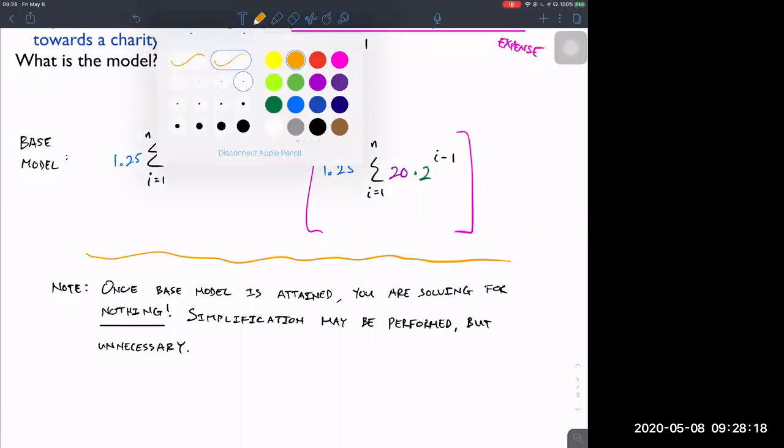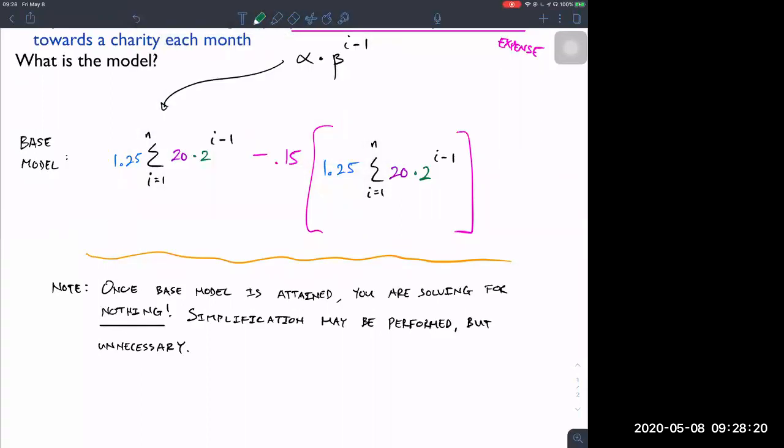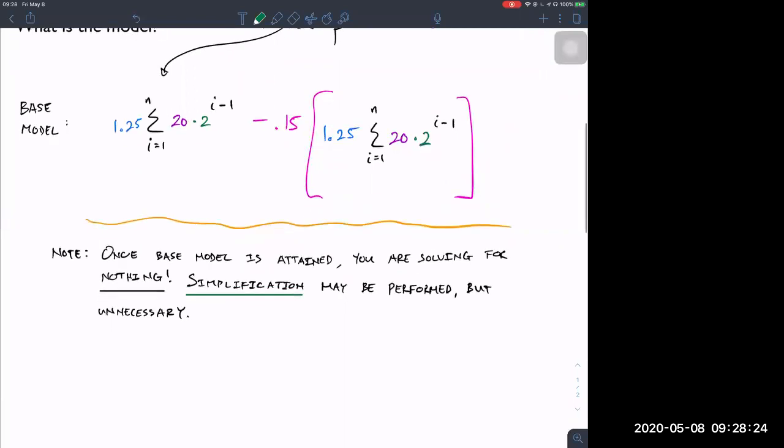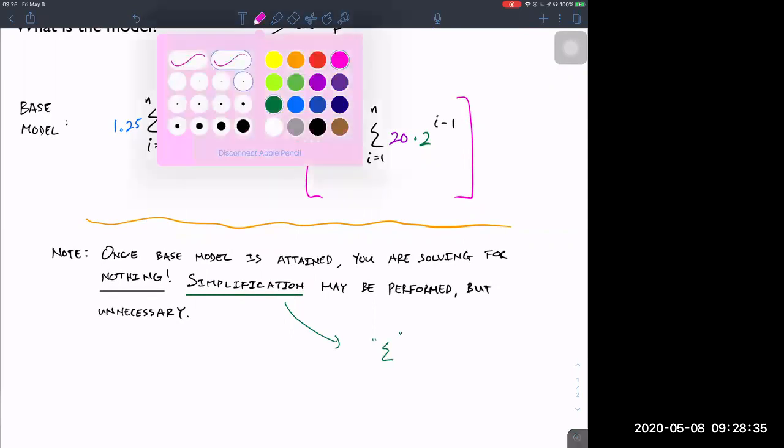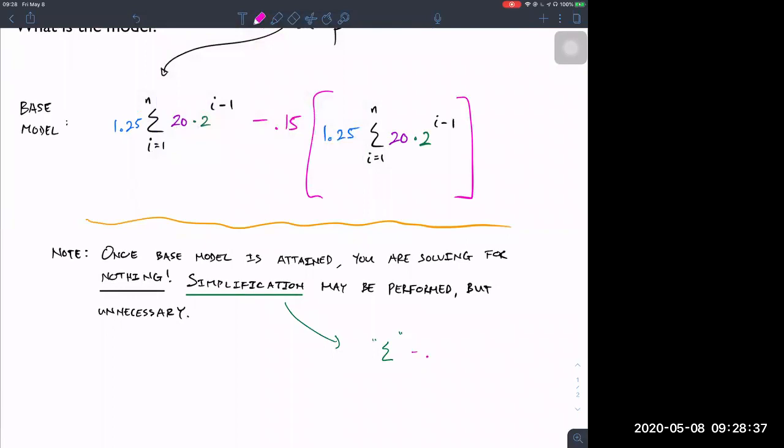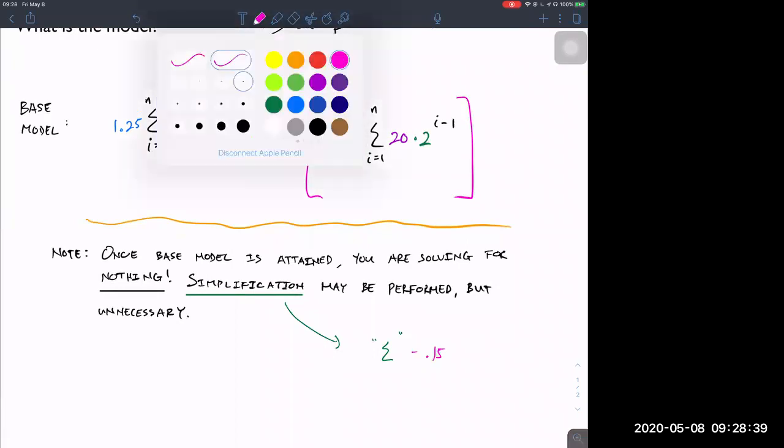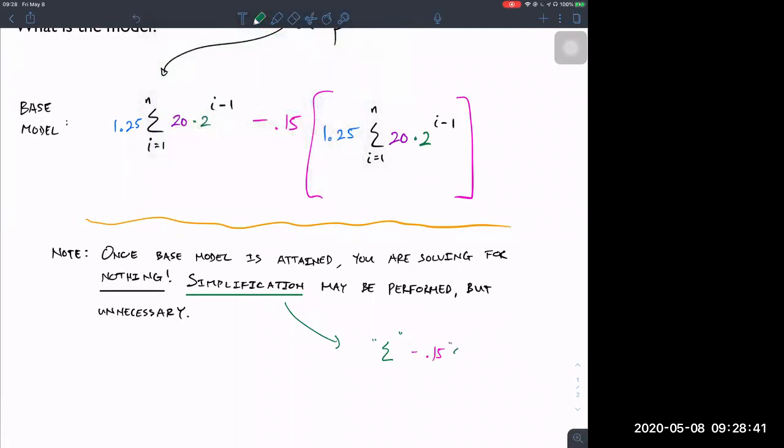The whole simplification aspect for this example, just imagine, if you will, that you had summation, and that's a variable, right? Summation minus 0.15 summation. These are two of the same variable, are they not?